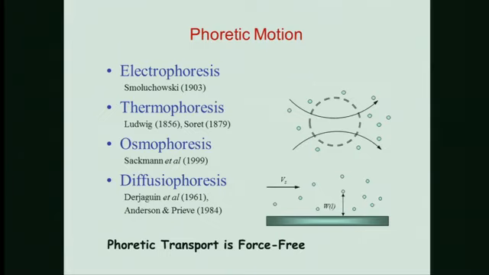The big advantage of these mechanisms is that they are force-free, in the sense that they do not involve an external force mechanically applied to move them. If we can get the mechanism which creates the gradient on board somehow, by producing asymmetric sources and so on, then we can make something which will self-propel.